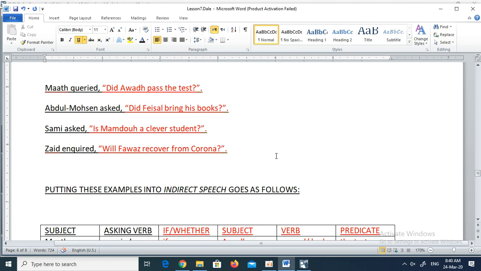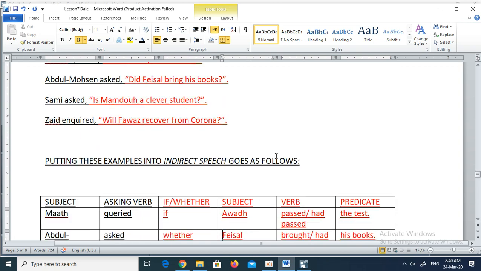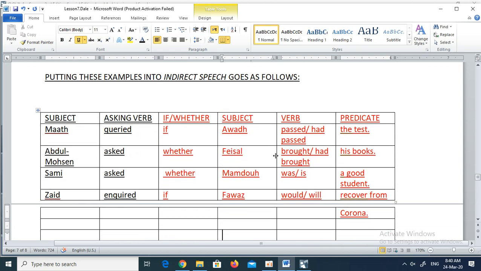That is a question. Now these are not questions. Marv queried if Awad passed the test. Abdul Mohsen asked whether Faisal had brought his books. Those are now statements, so they have a full stop at the end.